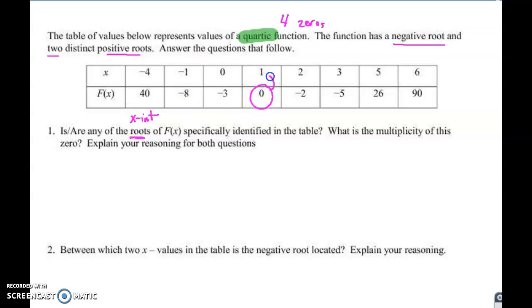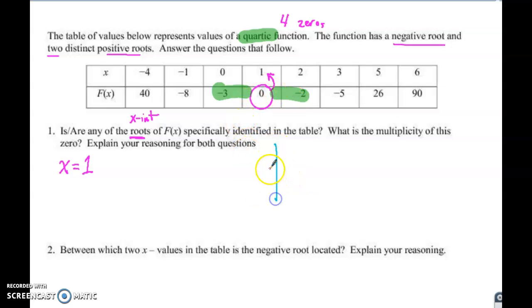So that is definitely given to you in the problem, that x equals 1 is a root. Now this is sort of open to interpretation, but what we're trying to get you to think about in this problem is to the left of that value was a negative, to the right of that value was a negative, so we're just going to infer that it just touches the x-axis there.